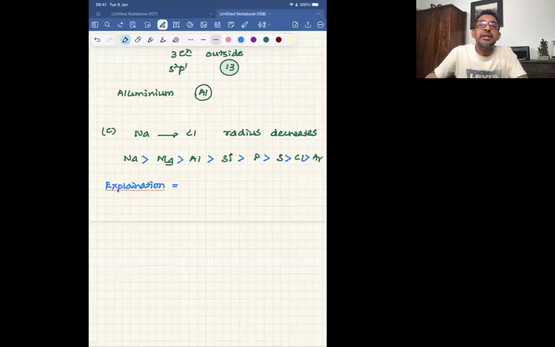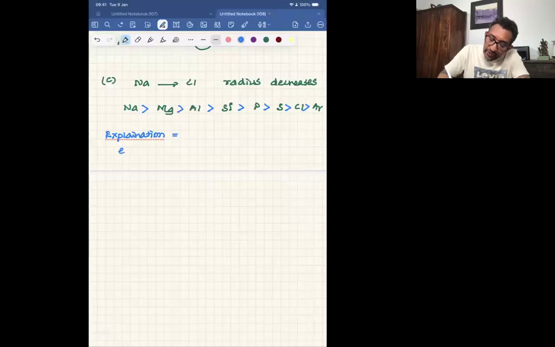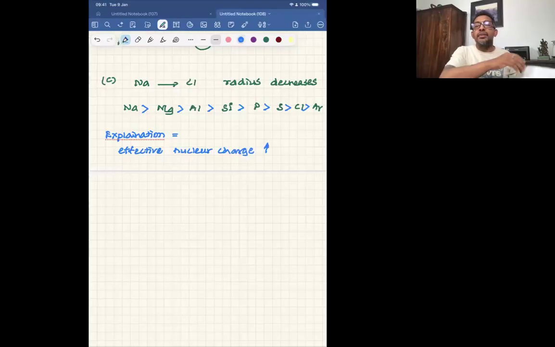So therefore radius decreases. That's all you need to write. Is it clear? So you can say effective nuclear charge increases. So that is why. Effective nuclear charge increases.